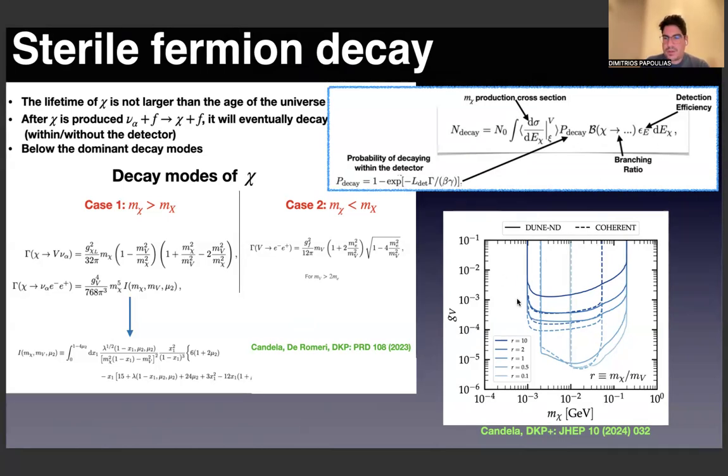And we have put another set of constraints based on the decay of this sterile fermion to standard model particles, an electron-positron pair in our case. You can see the various constraints for different ratios of sterile fermion mass versus mediator mass for the case of DUNE and COHERENT.